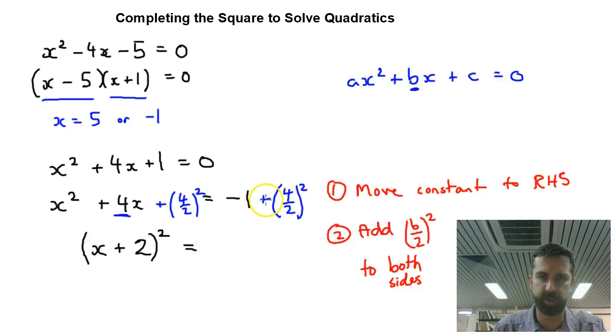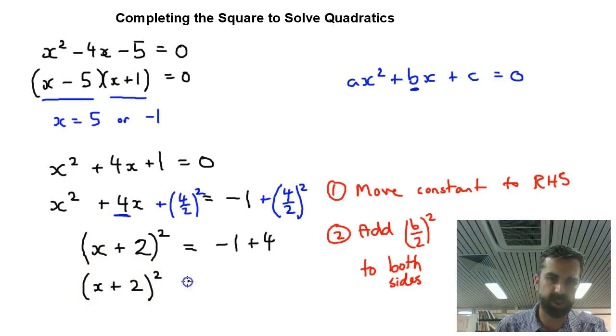So this will be negative 1 plus (4 over 2) squared. 4 over 2 is 2, and 2 squared is 4. So now I've got (x plus 2) all squared equals negative 1 plus 4, which is 3.